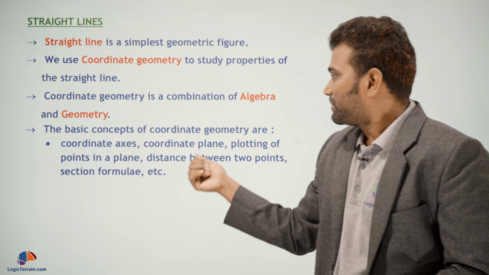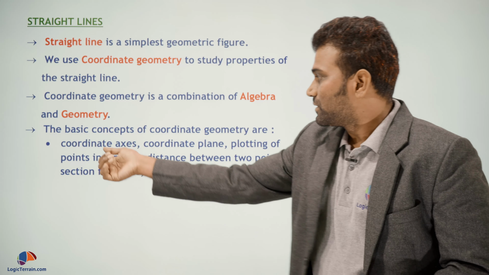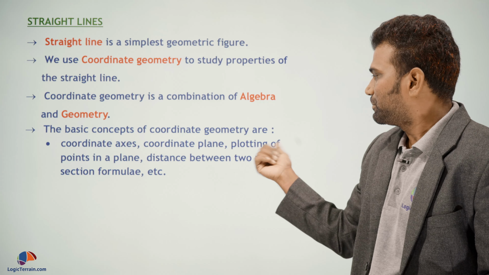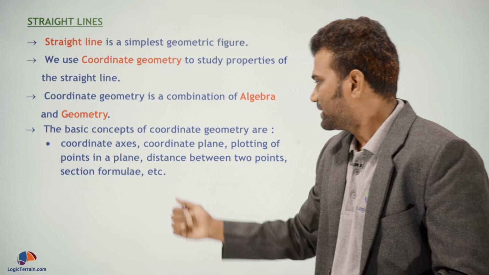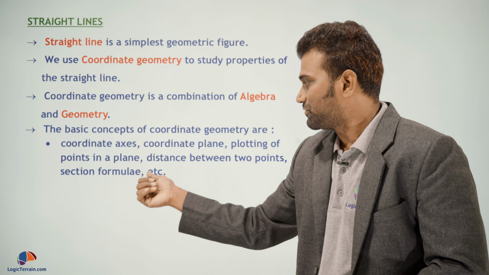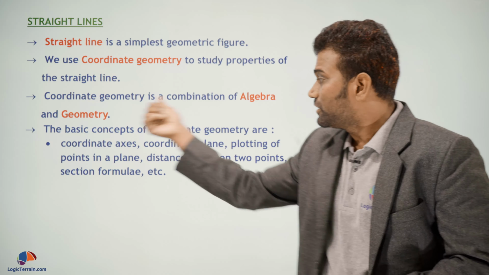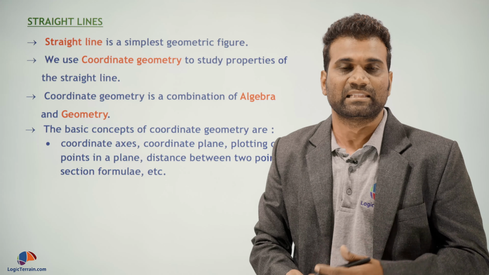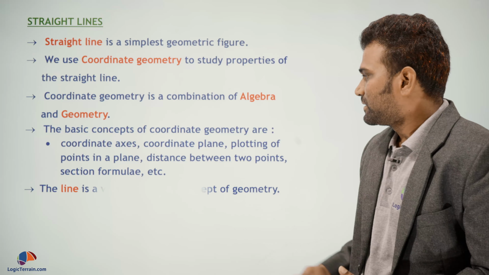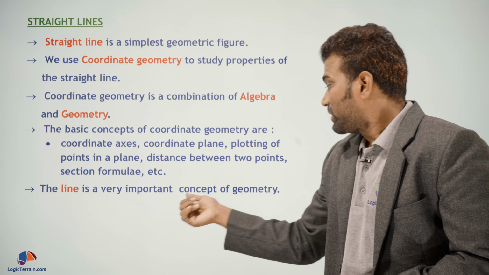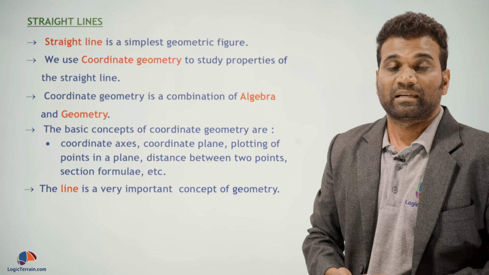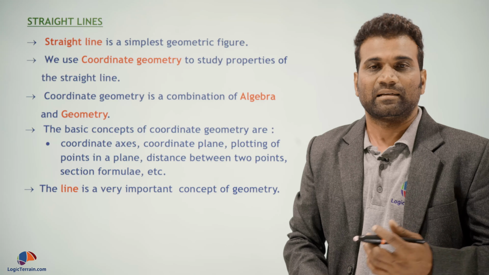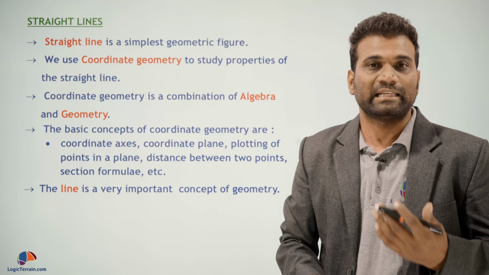The basic concepts of coordinate geometry are coordinate axis, coordinate plane, plotting of points in a plane, distance between 2 points, section formulae, etc. These you are all familiar with from earlier classes, you have learned them and done several examples as well, right? The line is a very important concept of geometry, and it is important not only in geometry but in our day-to-day life also.